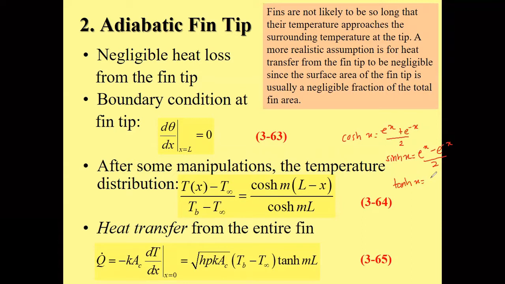This is actually sinh divided by cosh, or this one over this one. Okay, so that's why you get this. Okay, so you can do this yourself, and you should know by now how you get this, right? So you obtain this, differentiate it again, and then put it here. Okay.